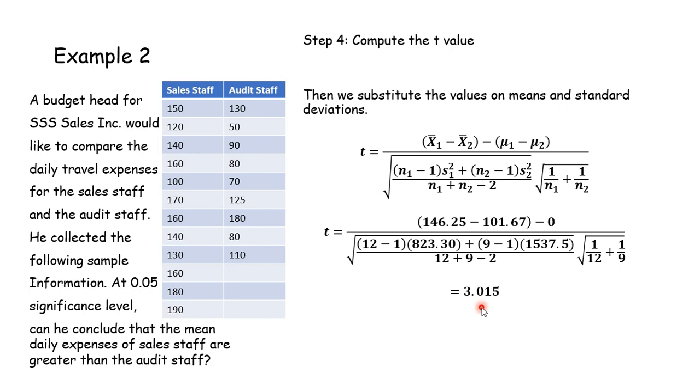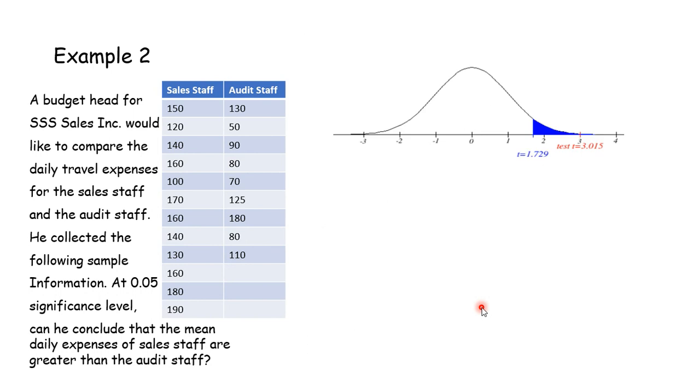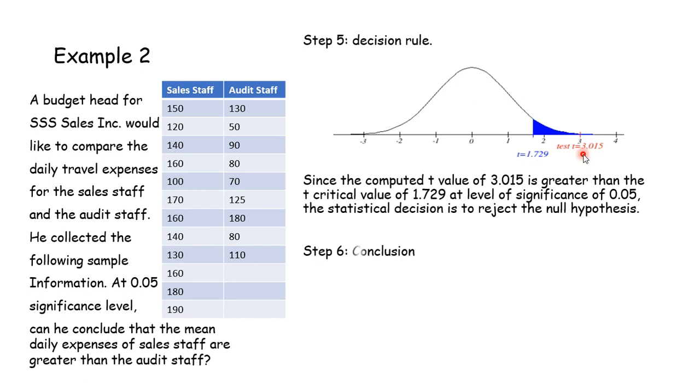Okay? And then after nyan, syempre decision making, yan yung illustration ko. Ito yung critical value na nakuha po kanina, which is 1.729. And then dito po banda, yung t-test computed natin. Since greater than pa din siya mga anak, mas mataas yung t-test computed natin kumpara doon sa critical value natin, ibig sabihin po nun, we're going to reject the null hypothesis.